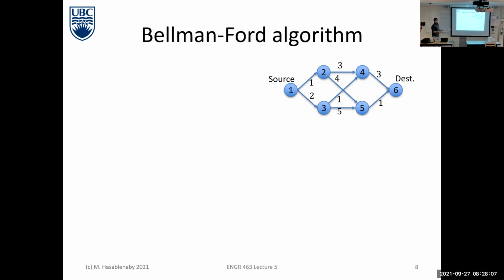Node 6, which is the destination, what is the cost? 0. And your next hop will be node 6 itself. I want to reach node 6, and I am already at node 6, so my next destination is the same node.